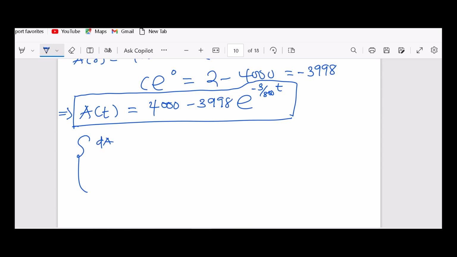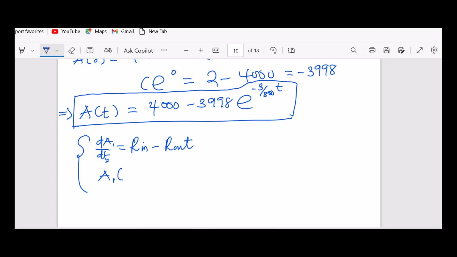We have dA/dt for that part equal to, the same thing, rate in minus rate out. Let me call this maybe A1, or let me just leave this, and we'll be able to distinguish them.